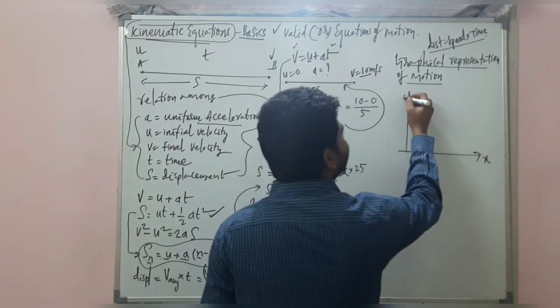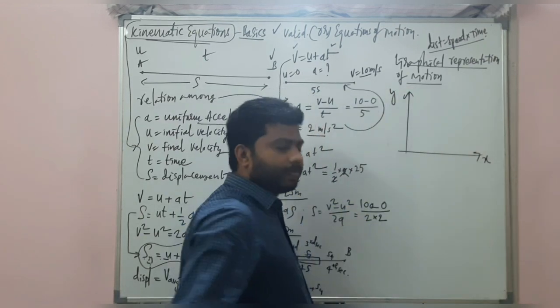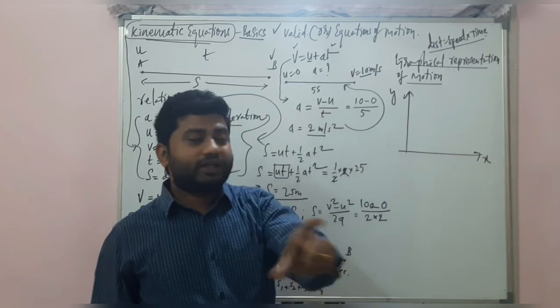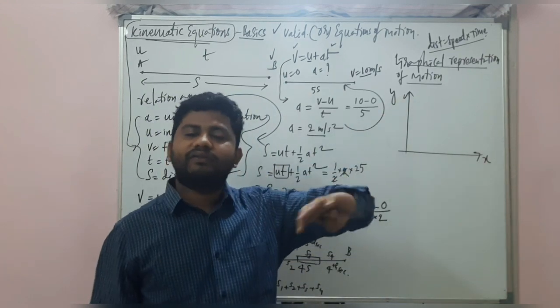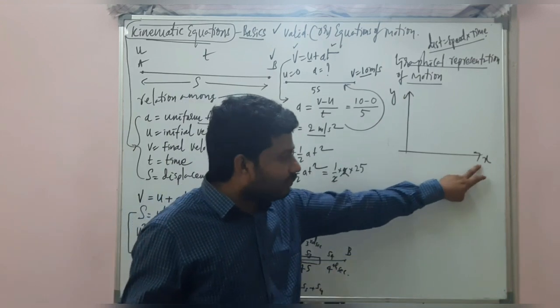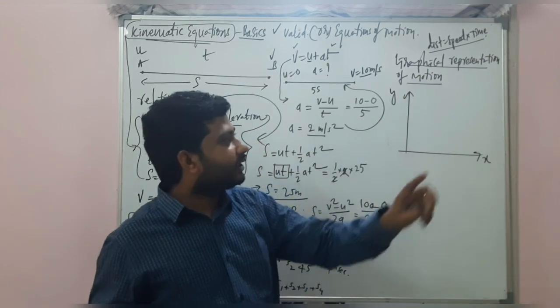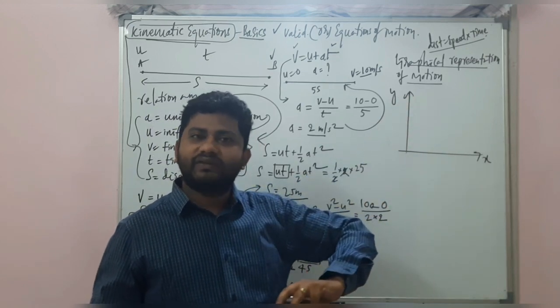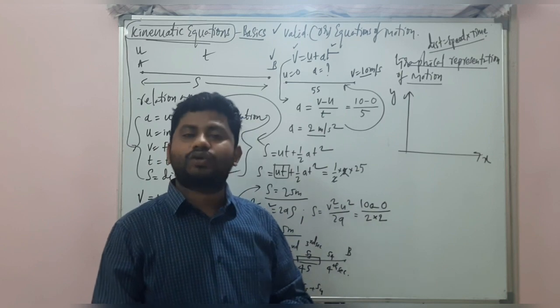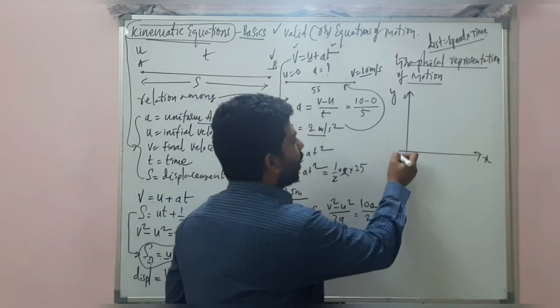Look here, x-axis and y-axis. The x-axis is represented with one physical quantity and the y-axis will be represented with another physical quantity. This is called the coordinates, and this is the origin.